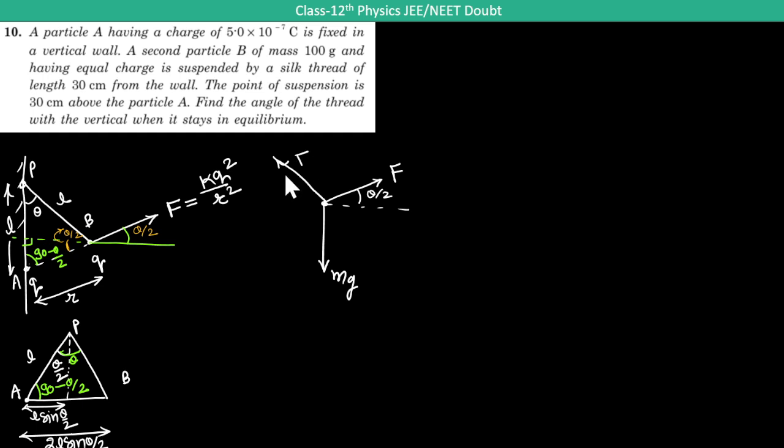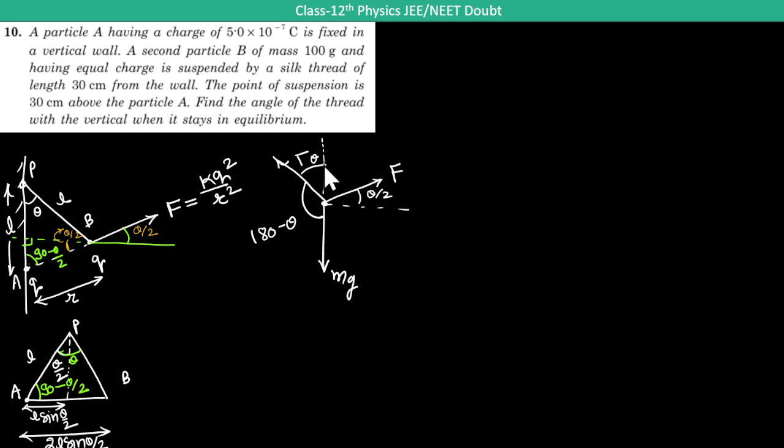Now the angle just opposite to F will be 180 minus theta. How? Because this thread is making angle theta with the vertical, so the angle between T and mg, which is just opposite to F, is equal to 180 minus theta.